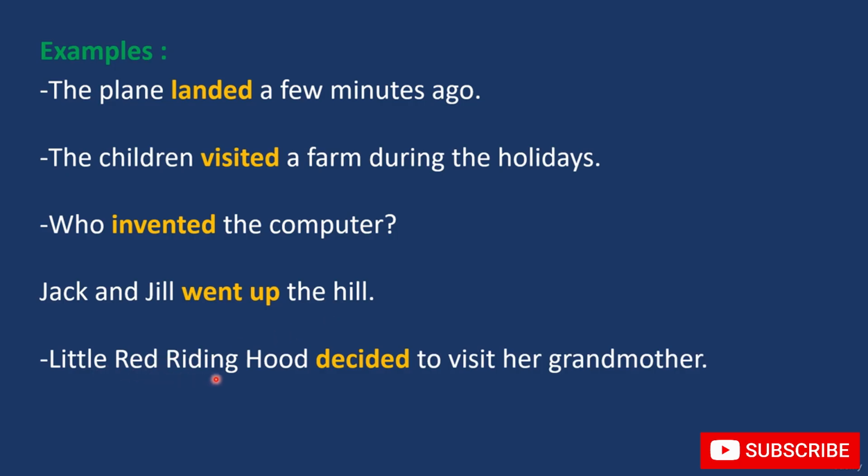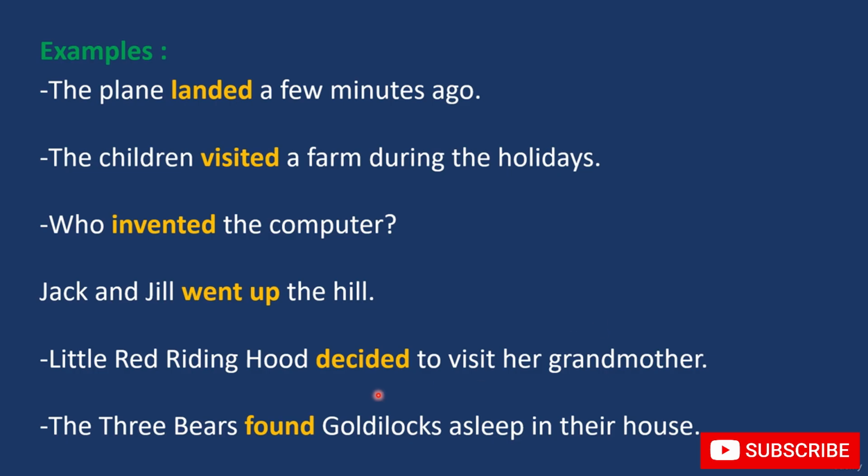Little Red Riding Hood decided to visit her grandmother. The three bears found Goldilocks asleep in their house. All these sentences tell us something happened in the past or tell us stories in the past. So we use past simple tense.